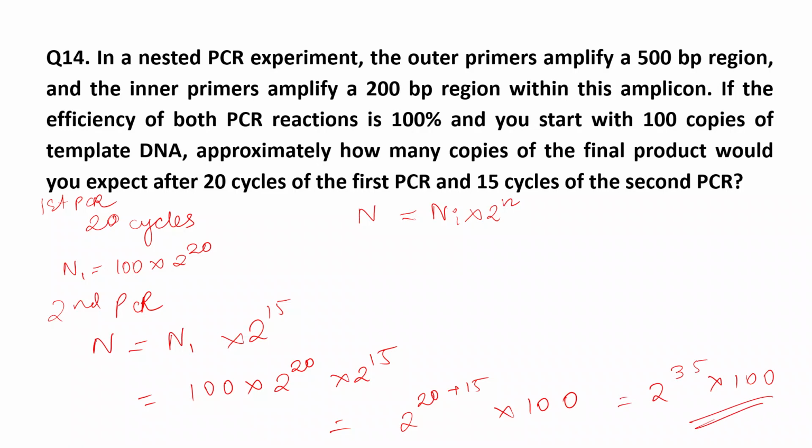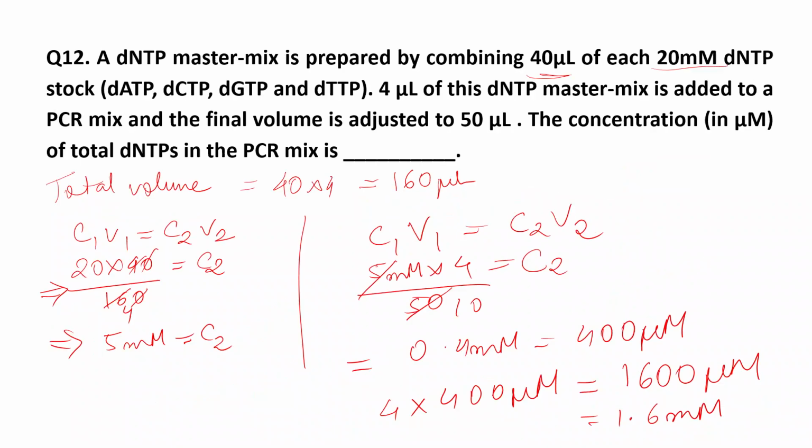You will have to place it in the same formula. So you can see how nested PCR enhances the sensitivity. Basically, on top of one exponential, you are running one more exponential. So it is enhancing too many times. Actually, this was the last one.